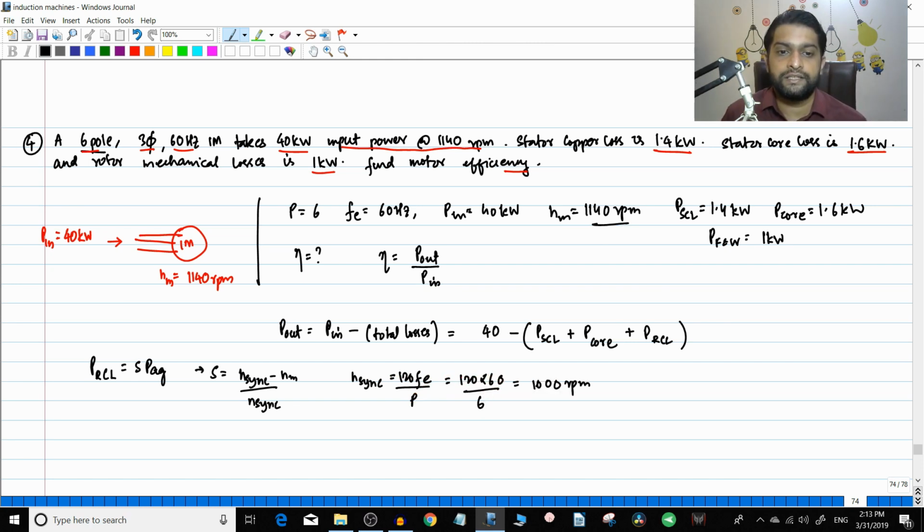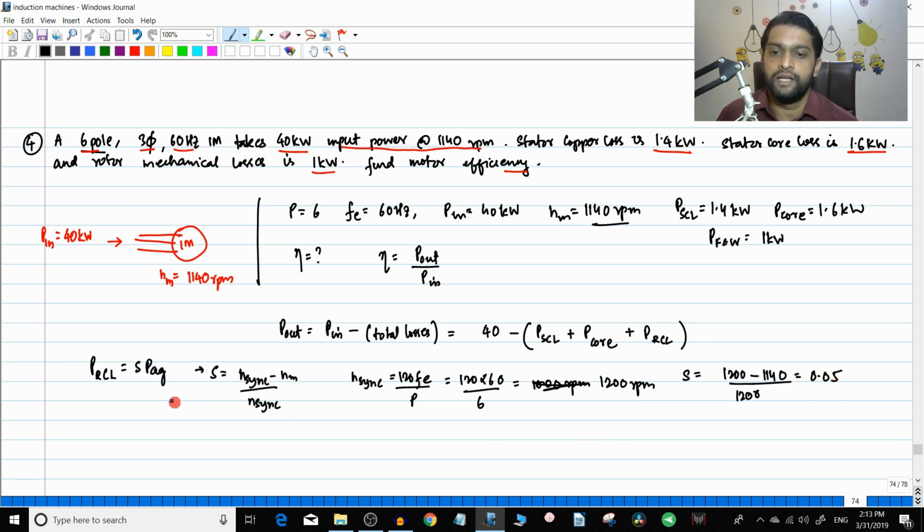So the synchronous speed will be equal to 1200 RPM. And from this you can easily find the value of slip. Slip will be equal to 1200 minus the speed of the motor, 1140, divided by 1200. This value you will get as 0.05.